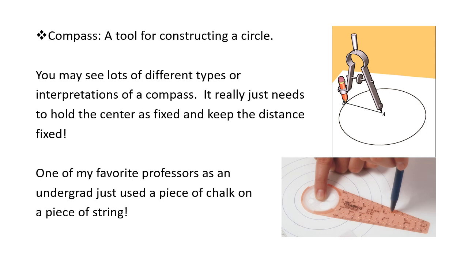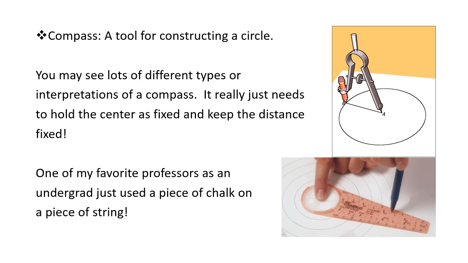The bottom compass is called a safety compass for reasons that should be obvious. You don't have that needle that can stick yourself or another kid or whatever. But these operate in the same way. You may see other forms. The book has a paper clip being used as a compass. One of my favorite professors when I was an undergrad had a piece of string tied around a piece of chalk. And yes, I'm old enough that they used chalk.